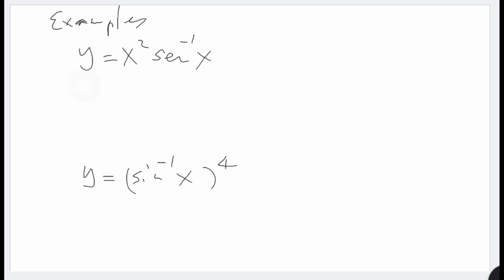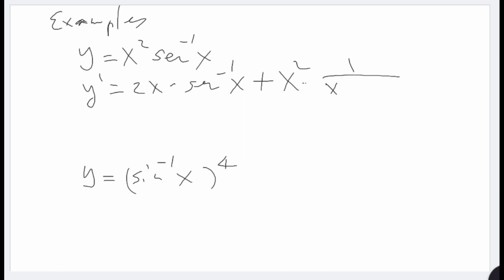We're going to apply product rule. y prime equal to 2x, that's the derivative of x squared, times inverse secant x plus x squared times the derivative of inverse secant, which according to our formula is 1 over x square root of x squared minus 1.